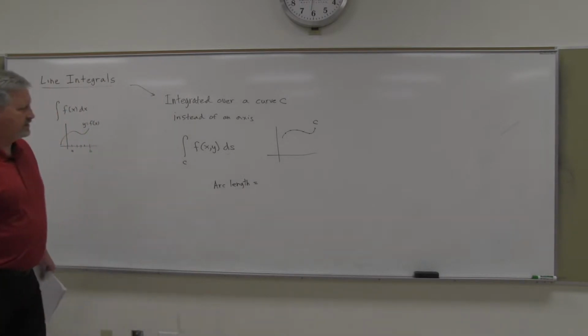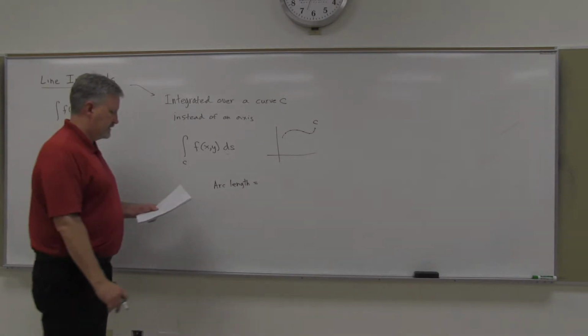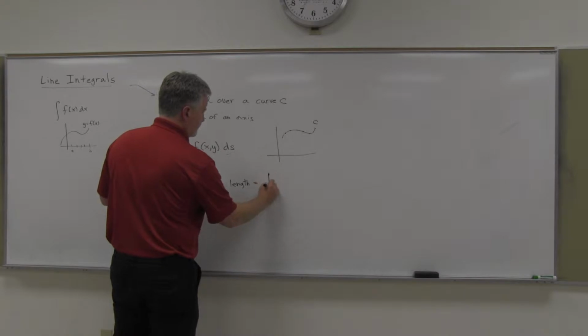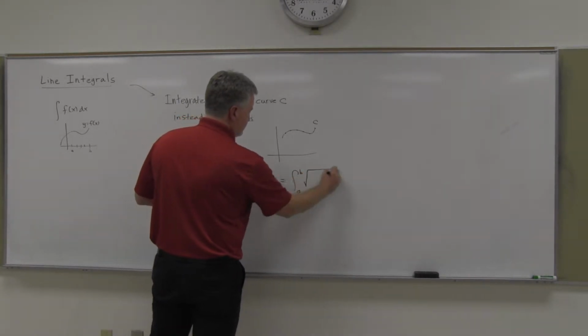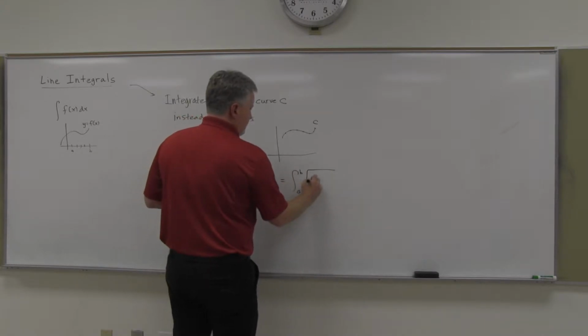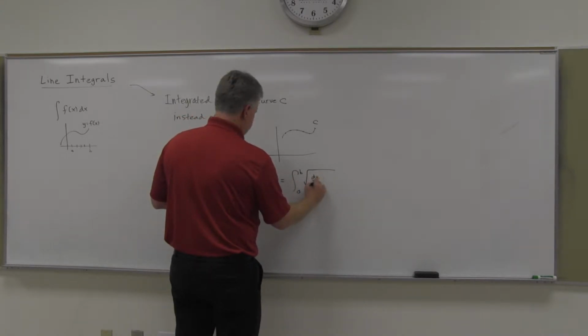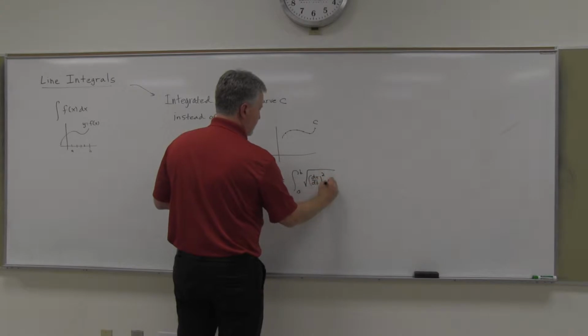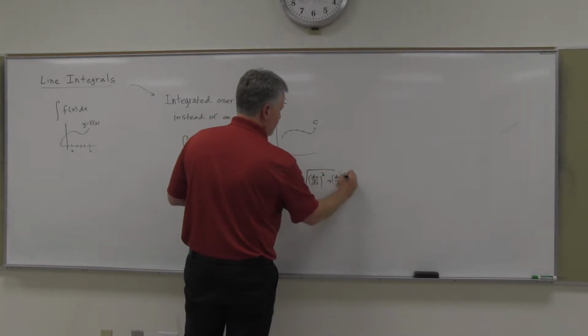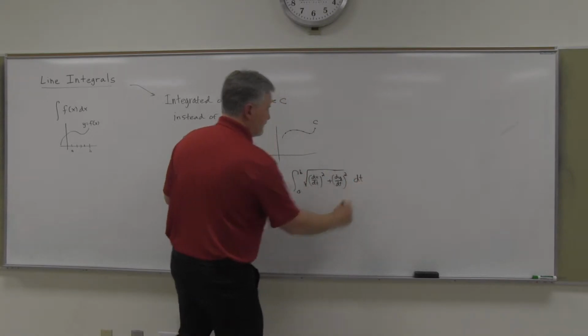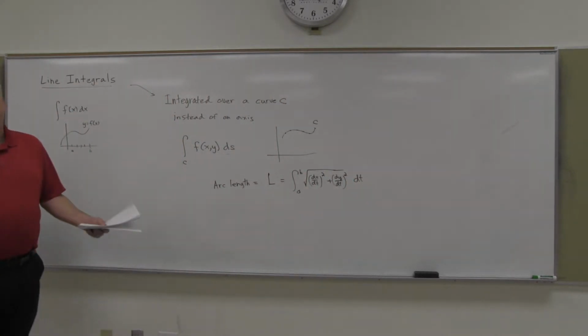The arc length L was the integral from a to b of the square root of (dx/dt) squared plus (dy/dt) squared, dt. We did arc length several ways.